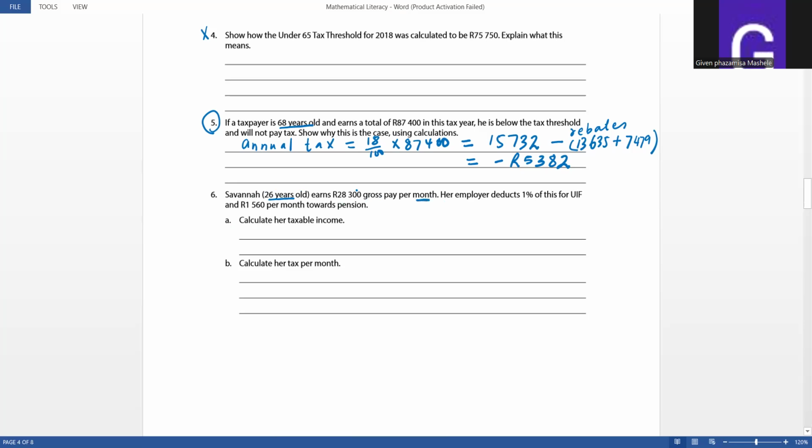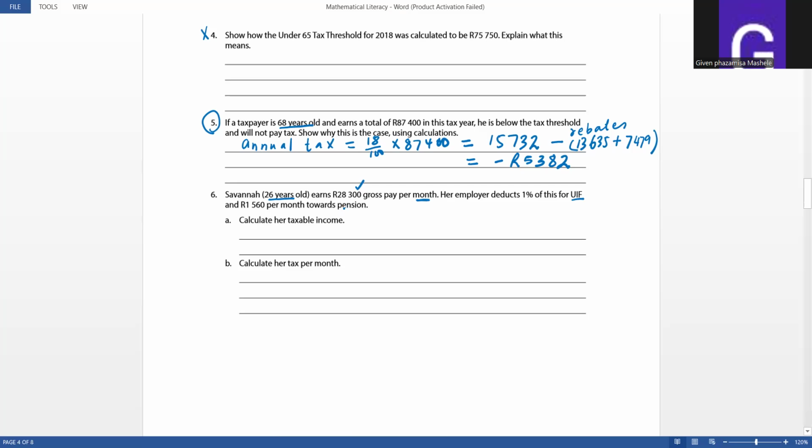Her employer deducts 1% of this gross pay for UIF, and there is also 1,650 per month towards pension.